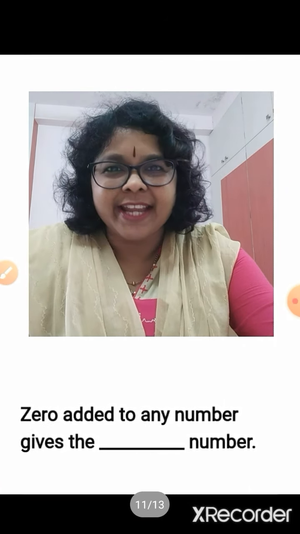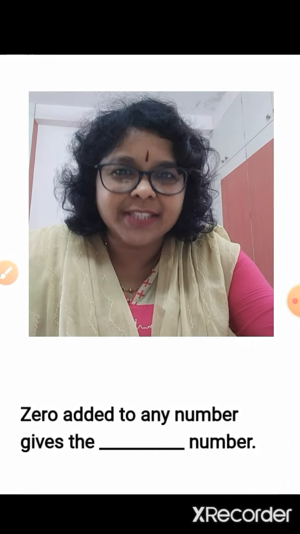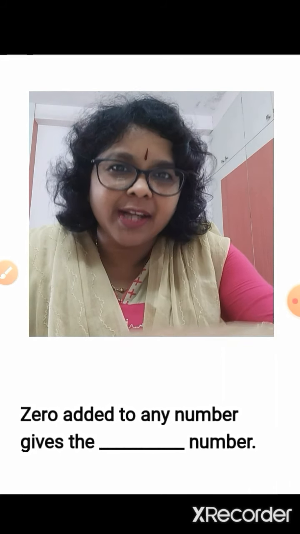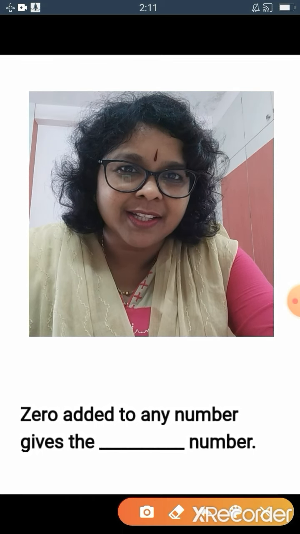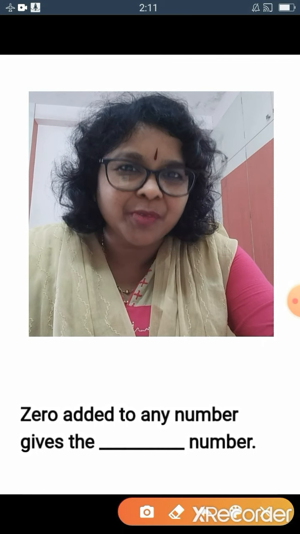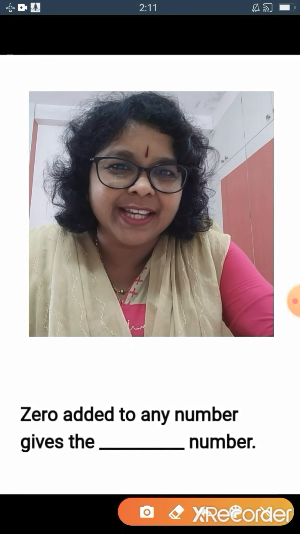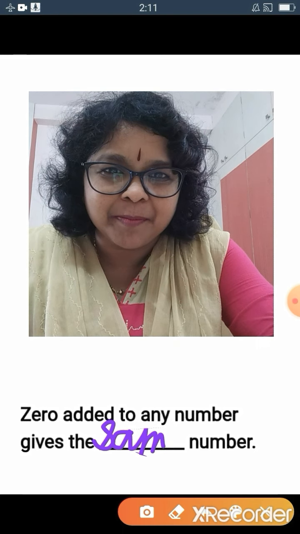Then the second addition fact which we have studied is 0 added to any number gives the dash number. What will come in the dash, children? Just think. Add 0 to a number, what do you get? Same number or a different number? Yes, we get the same number.